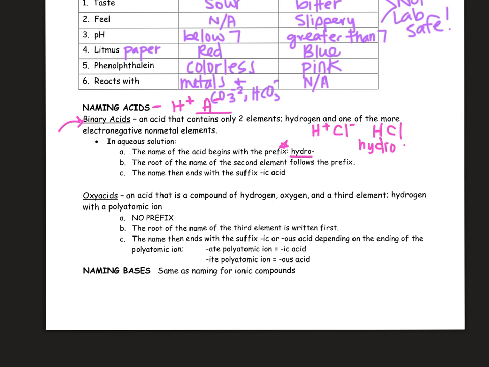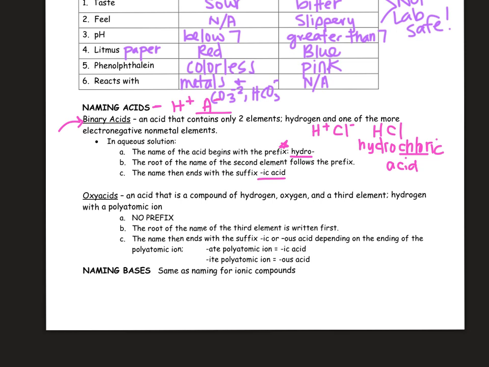So it's going to be hydro, in this case chlor is your root, right? And then the ending is ic acid. Ic acid, okay? So super easy. So hydrochloric acid. If it was an F, it would be hydrofluoric acid. If it was an N, it would be hydronitric acid, whatever. Okay, so it's the hydrogen with the single element.